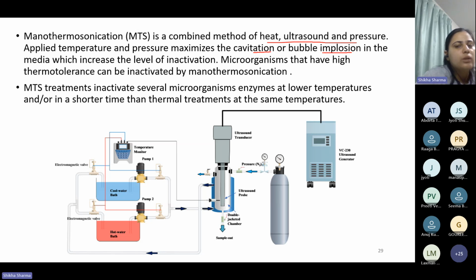Ultrasound is based on this method. So the efficacy of cavitation increases and there is more inactivation of the microorganisms.